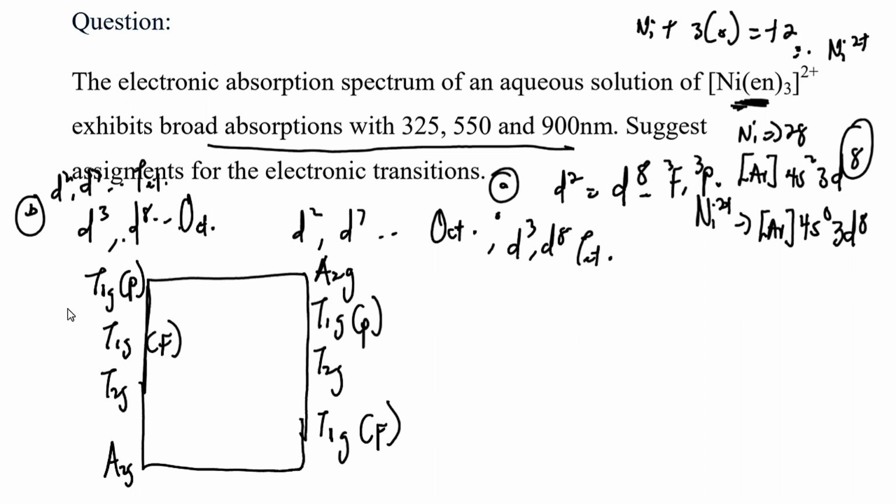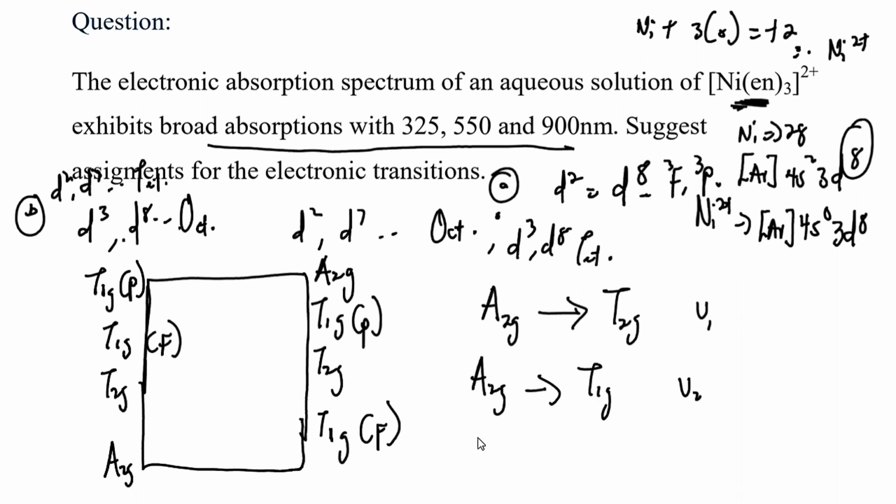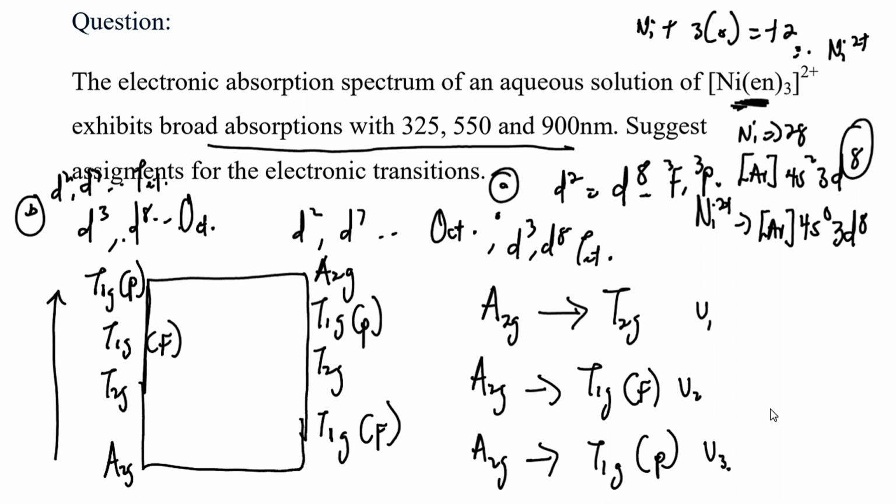These are the possible transitions. We have A2G to T2G, the first one, which is the lowest energy. The second is A2G to T1G. The third is A2G to T1G from P, so this one is from F. This one has the highest energy.